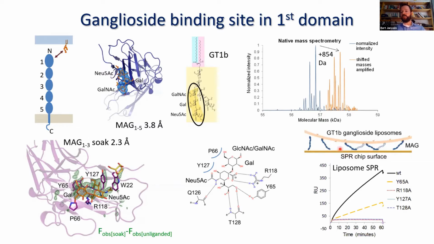And we incorporated the ganglioside into vesicles, and we flowed the vesicles over the sensor surface. That shows that the wild-type MAG indeed interacts with the ganglioside-containing liposomes, but most of the mutants do not. And especially the arginine is completely defunct in binding the ganglioside-containing liposomes.